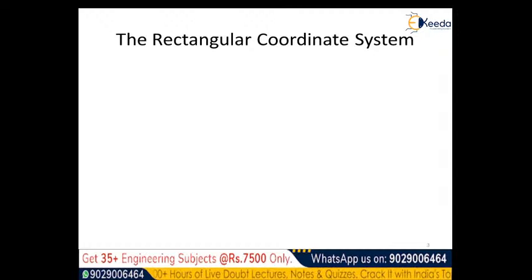The reference is the one which does not change its position. It has a unique position which is referred to by everyone, that is not supposed to change at any time. With respect to that particular reference, the position and location of any point or vector quantity under our consideration is to be determined.